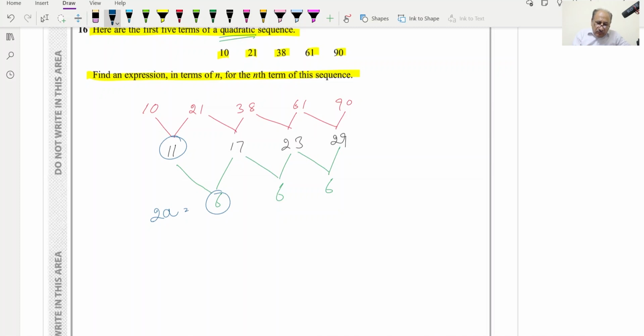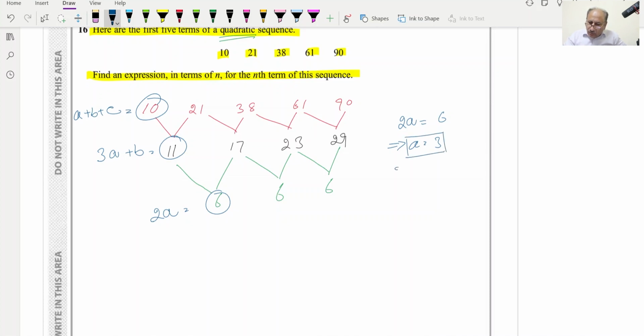First order difference always take 3a plus b, and the first term will take a plus b plus c, and we will solve these equations to get a, b, c values. If we solve 2a, so 2a is equal to 6. This implies a is equal to 3.